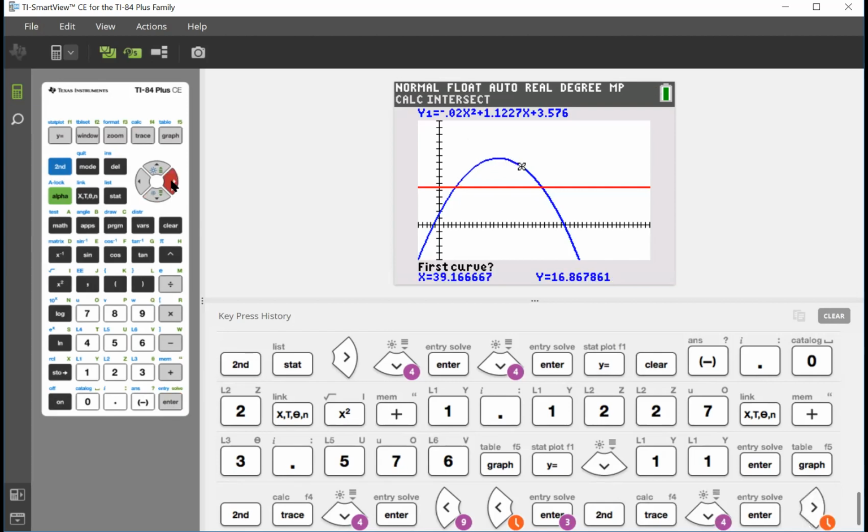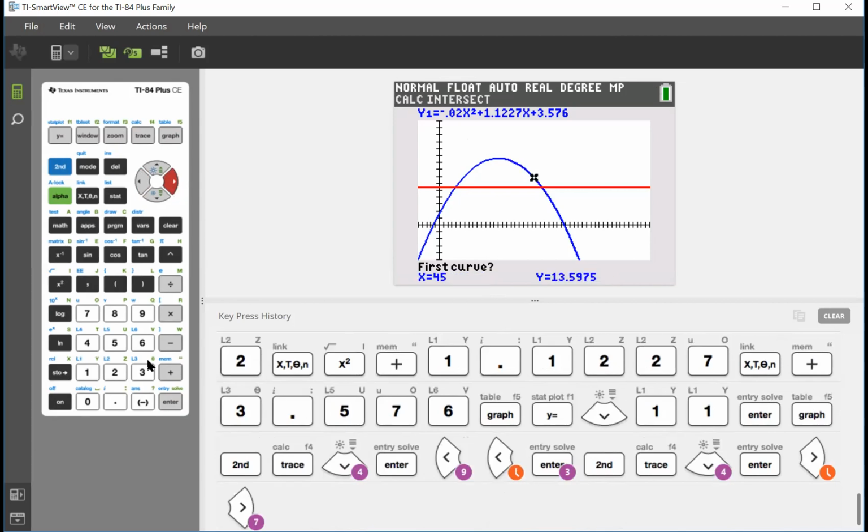But again, please pause the videos and make sure you can do it. Now, I move my little bug over here because I'm interested in this intersection. Otherwise, it'll give me the same one. So enter. And my other intersection point then is 48.48. Notice in both cases, my y is 11 bushels.